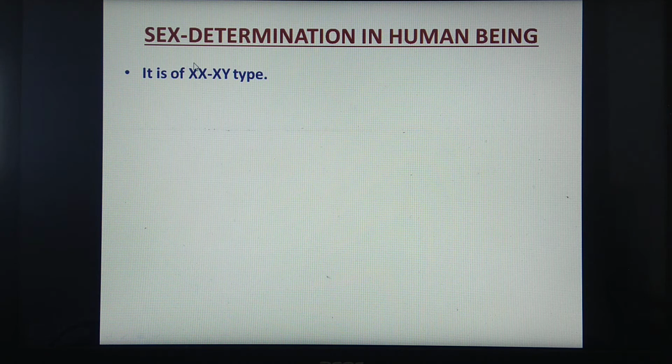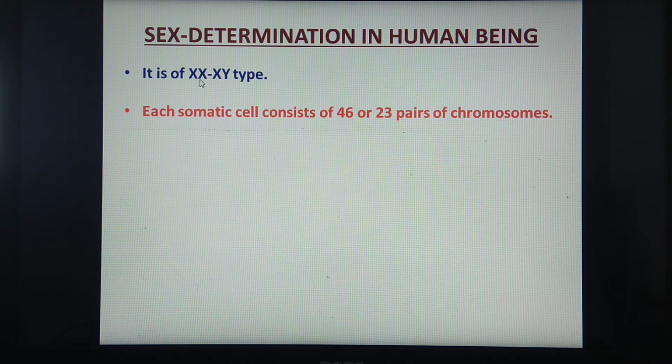This XX means 2 X chromosomes are present and XY is for 1 X and 1 Y chromosome. So remember, in human females, XX chromosomes are present, and in human male, XY are the sex chromosomes. We will see the detail.